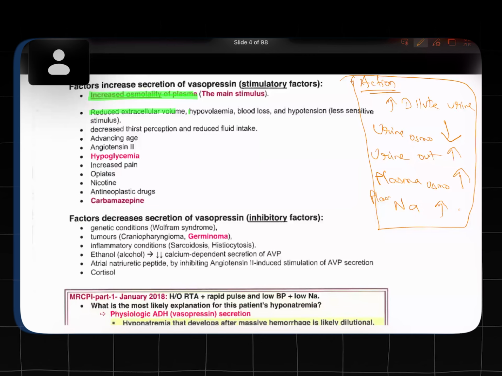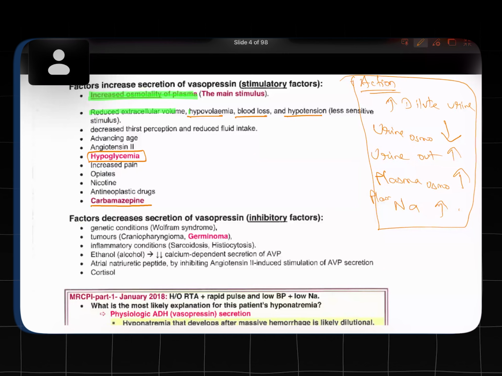Another is hypovolemia, blood loss, hypotension, hypoglycemia, and also drugs, carbamazepine and antineoplastic drugs. Carbamazepine has already appeared in MCQ. Antineoplastic drugs, there are lots of examples. And for all practical purposes, it is difficult to remember every drug interaction, right?